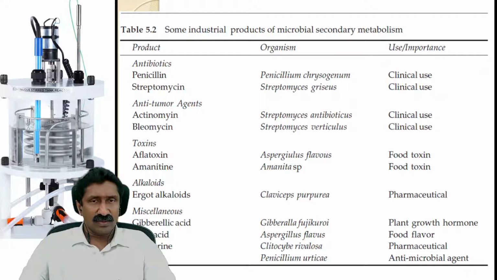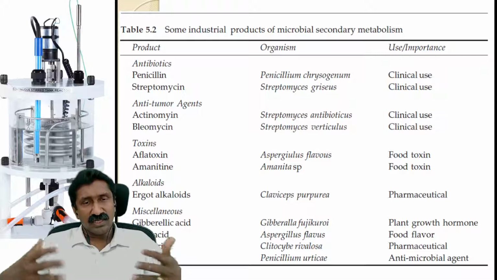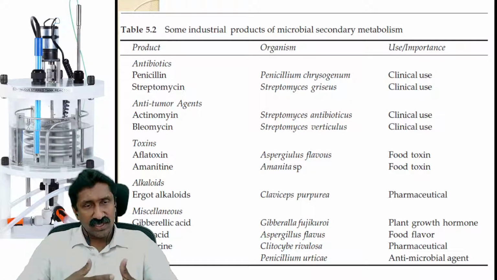Now there are anti-tumor agents like actinomycin, bleomycin, etc., which is again having clinical use. Then toxins like aflatoxins, amanitin, etc. Then alkaloids, which is having pharmaceutical use. Ergot is an example. Then there are other miscellaneous compounds like gibberellic acid, kojic acid, muscarine, etc. Okay.